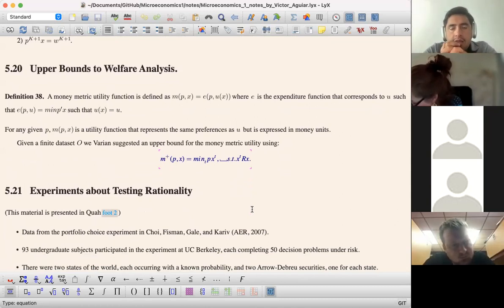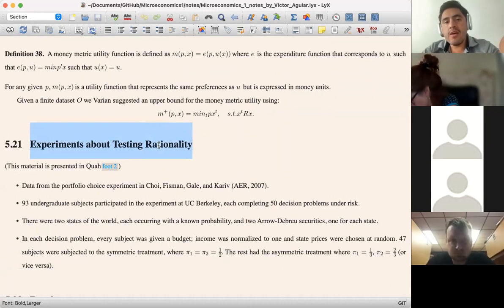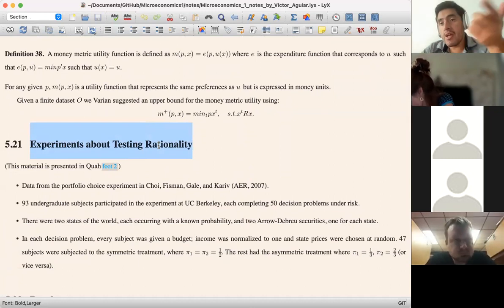Okay, so now, previously, in other classes, now I'm gonna switch to some experiments about rationality. But a lot of the work of this experiment is gonna be done by you in the problem set. Remember that you have to implement the GARP for this experimental data set.